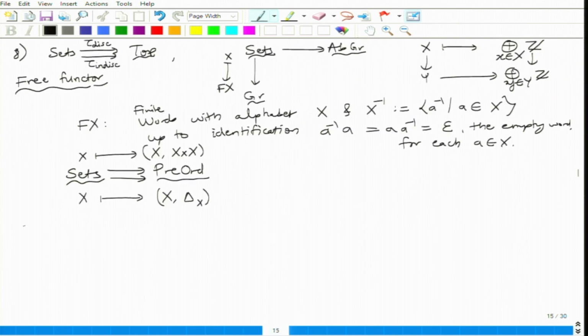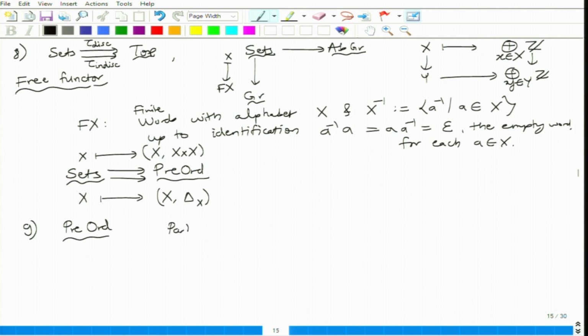Then there is another type of example. Now this is happening from the category of preorders to the category of posets, I mean partial orders, let me just say partial orders.